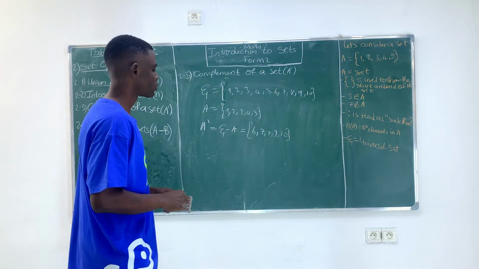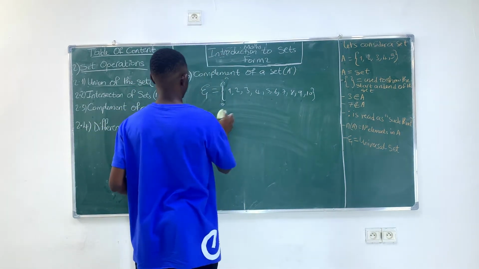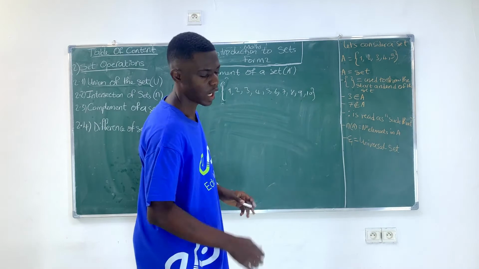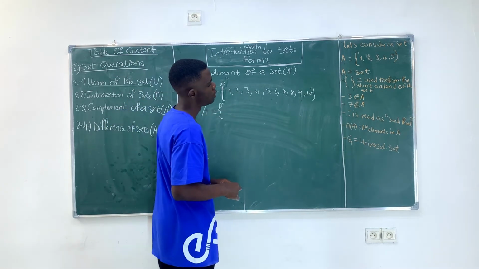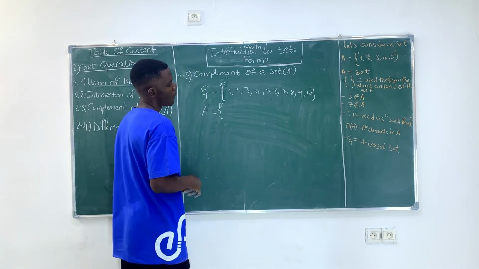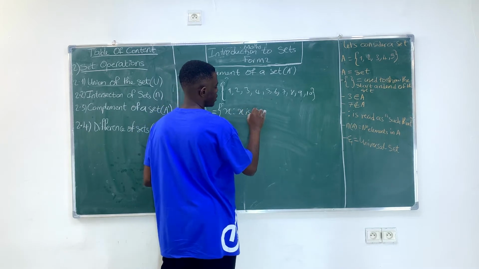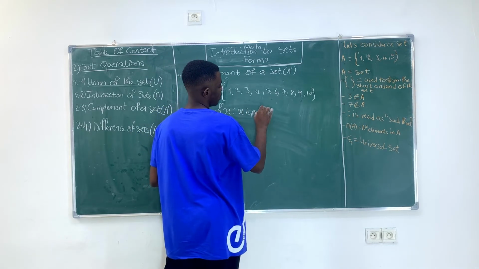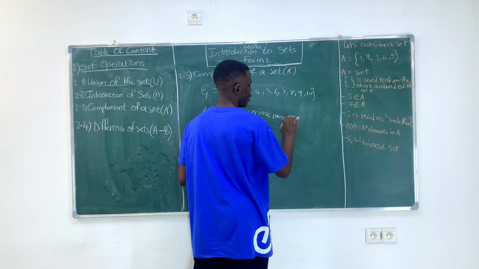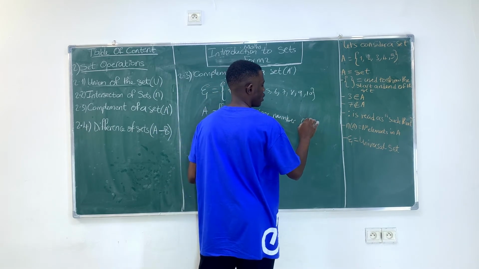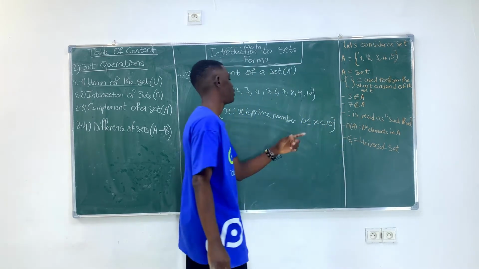So I can have this, and now have my A as S, so that S is a prime number in between 0 and 10.